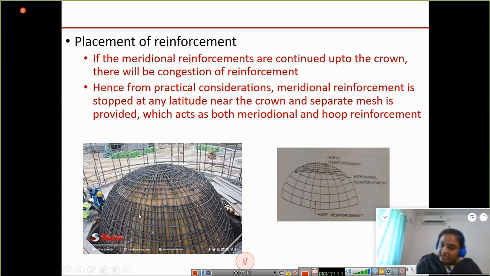And once we continue the meridional reinforcement, at the top there will be congestion of the reinforcement, and to take care of that, we provide the mesh reinforcement at the top by stopping the meridional reinforcement at a particular latitude.